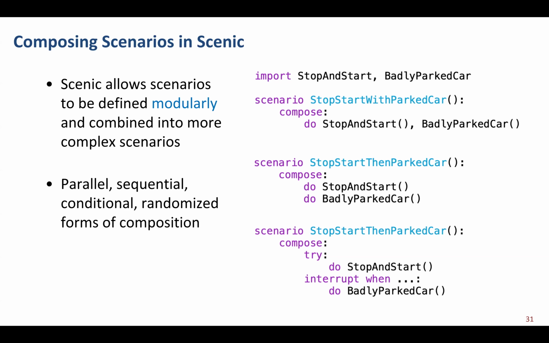If that makes sense. No, but I think she's talking about sequential composition, where the question is, if you have agents in the first scenario and you want them to continue in the second scenario, you can reference them. Right. You can write the scenarios in a way that there's a single ego car used throughout, but then each scenario has its own additional cars being added, for instance. Oh, okay.